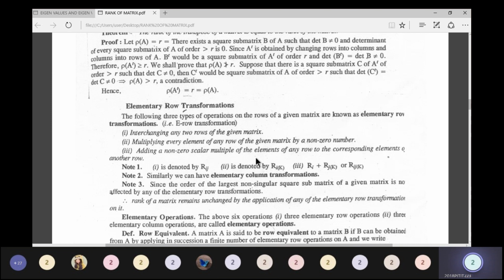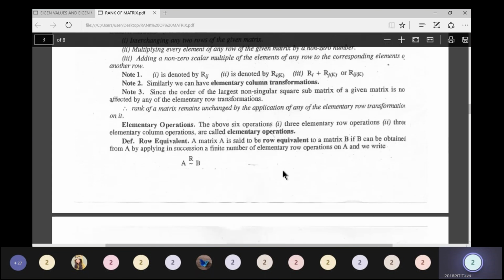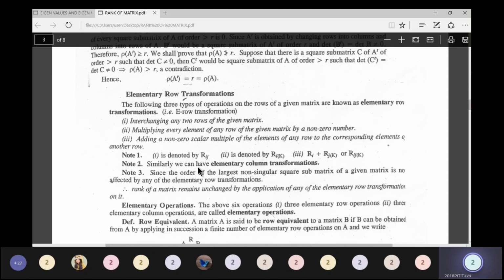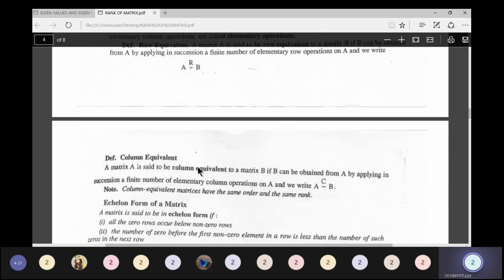Three is adding a non-zero scalar multiple of the elements of any row to the corresponding elements of another row. So note, one is denoted by Rij, two is denoted by Rik. Subdivision one is interchanging any two rows of the given matrix, like that. Okay, we'll see in the example.